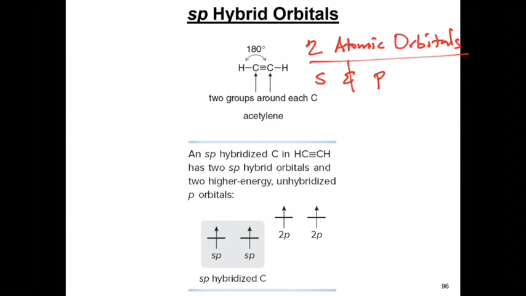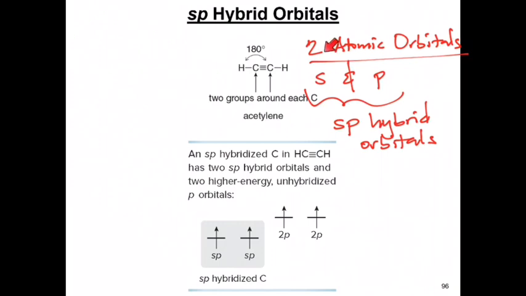So they will form hybrid orbitals, which would be sp hybrid orbitals. And 2 atomic orbitals will form 2 sp hybrid orbitals, as shown here.